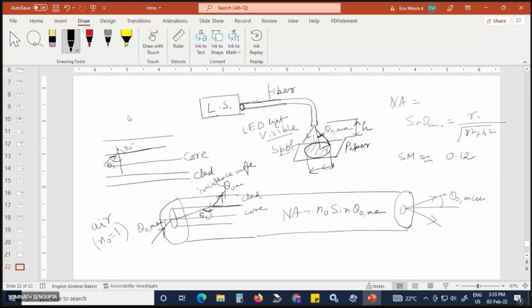And also numerical aperture, can you tell another formula for numerical aperture? Anybody?